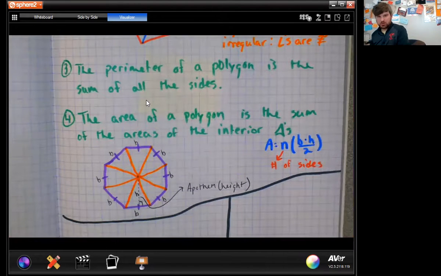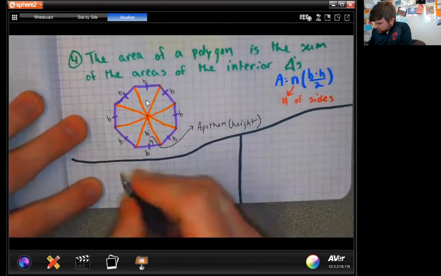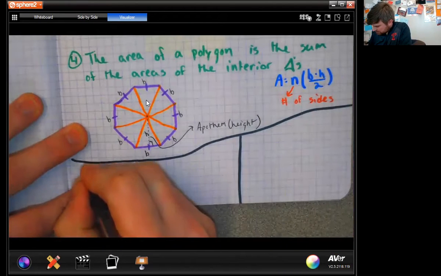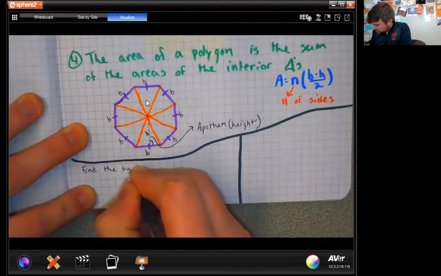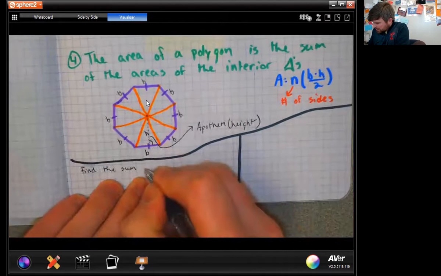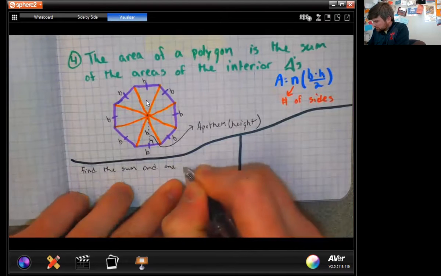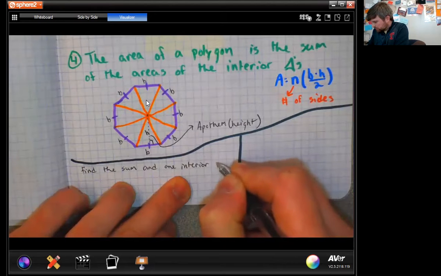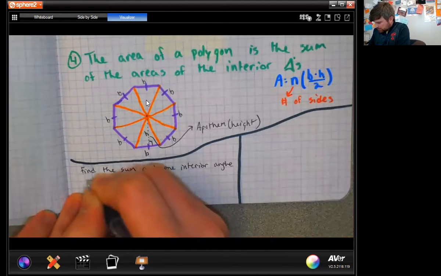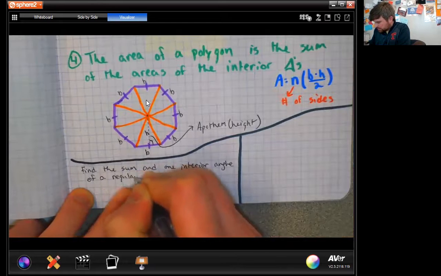So on this one here, we'll say find the sum and one interior angle of a regular hexagon.